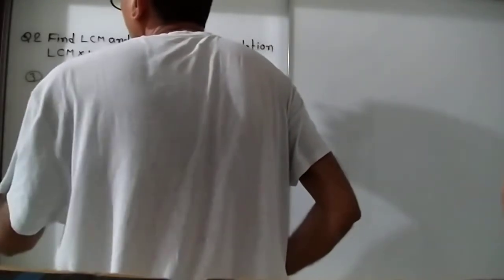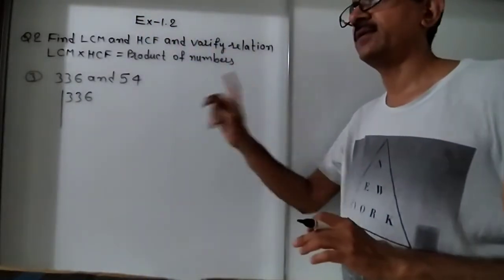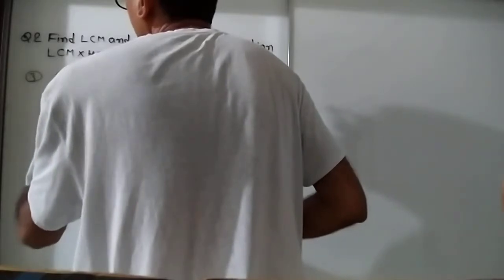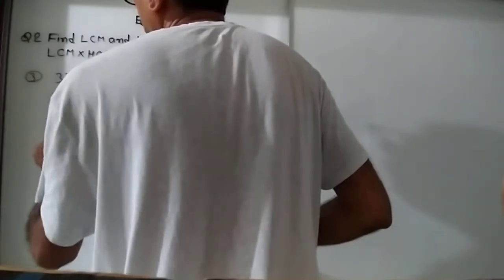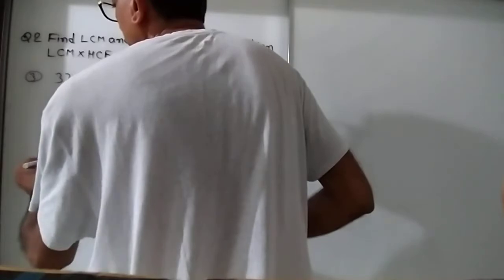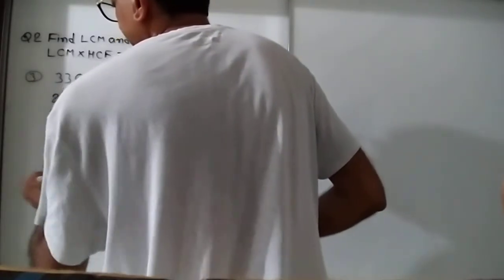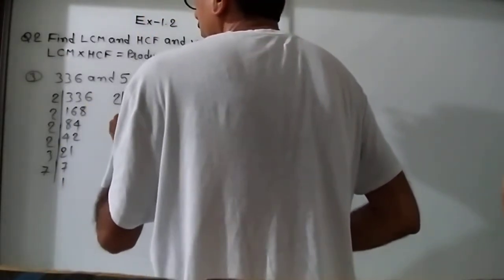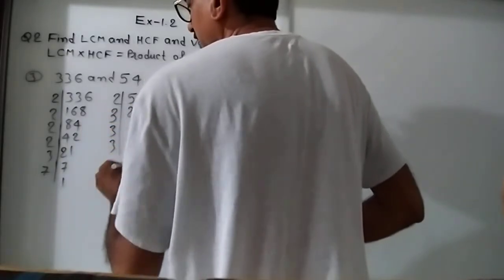Here the number is a little lengthy, so first we find factors by the factor tree method or the simple method. 336 divided by 2 gives 168, then 84, 42, 21, then 3, then 7. And 54: 2 into 27, 3 into 9, 3 into 3, 3 into 1.